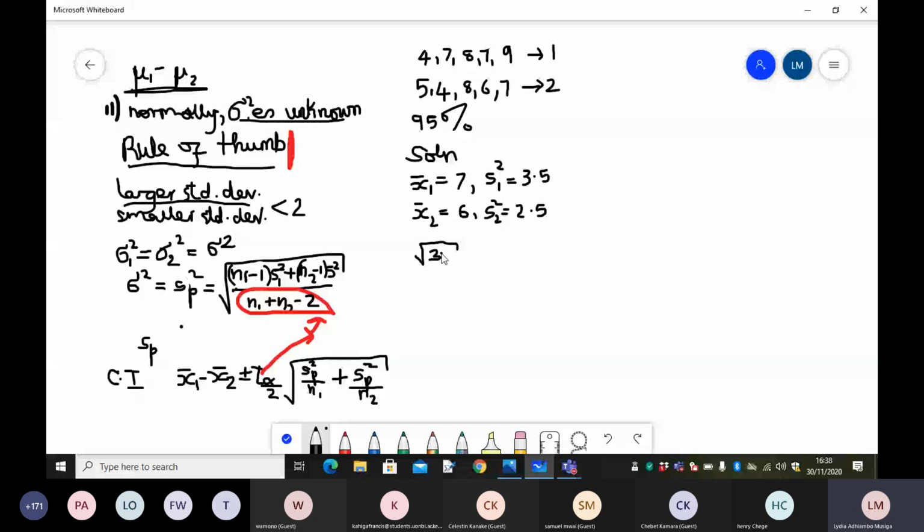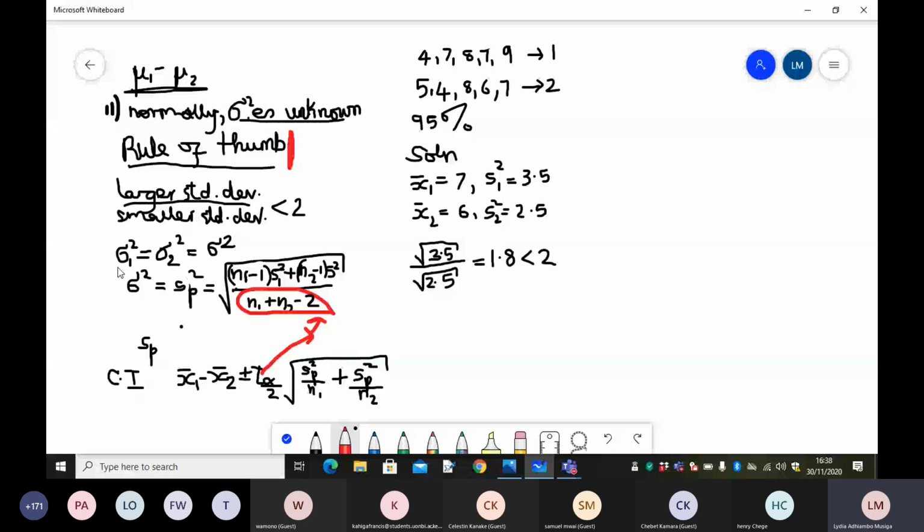So square root of 3.5 over square root of 2.5 will give us 1.8, and obviously 1.8 is less than 2. Because it is less than 2, we can assume that the population variances are equal.